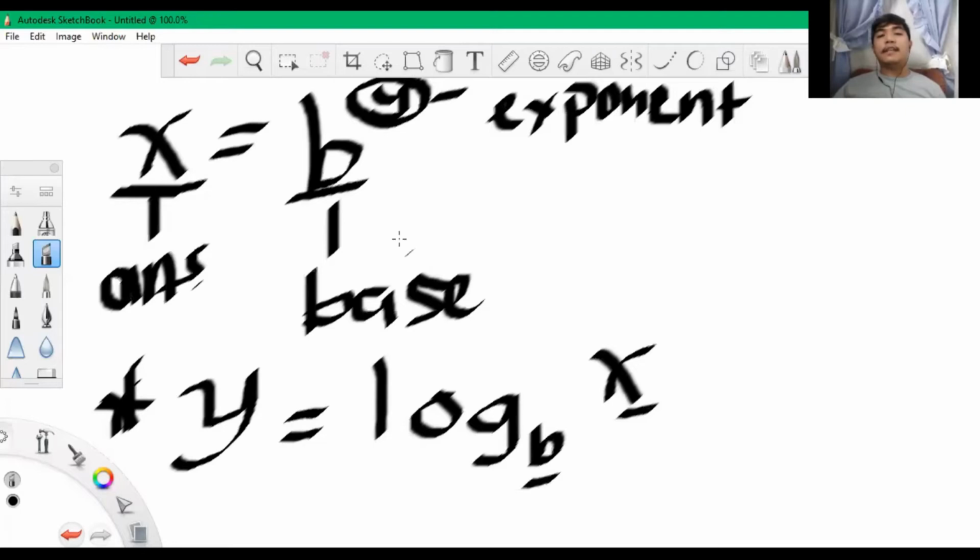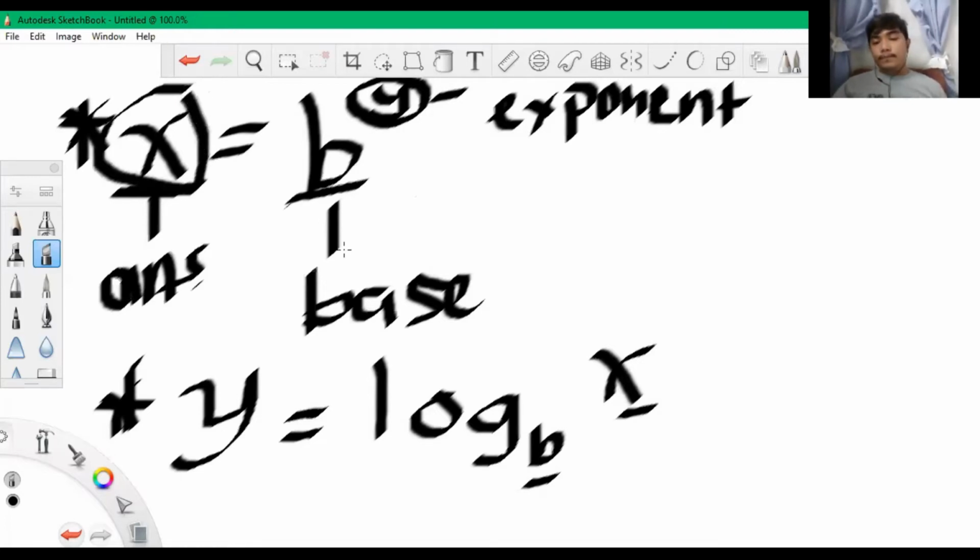And as you can see, this is our exponential form. And when we convert it to logarithmic form, we have written y, which in the exponential form is our exponent. So, ito na po yung exponent natin. Y is equal to the logarithm of x. And sa exponential form example natin, x is the answer.